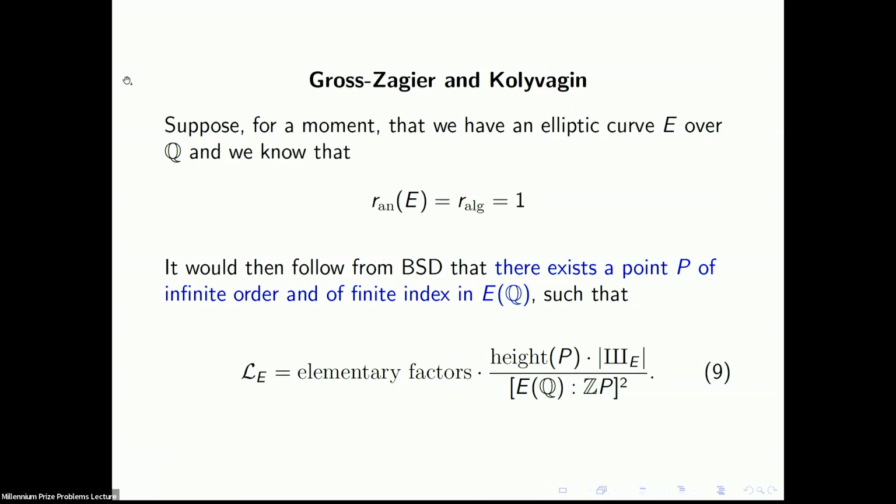So there should be a point of infinite order that would generate a finite index subgroup. So you might look for an expression for the refined BSD in this way: L(E) equals elementary factors times the height of P times Sha over the index of the group generated by the point in the full group of rational points, squared.